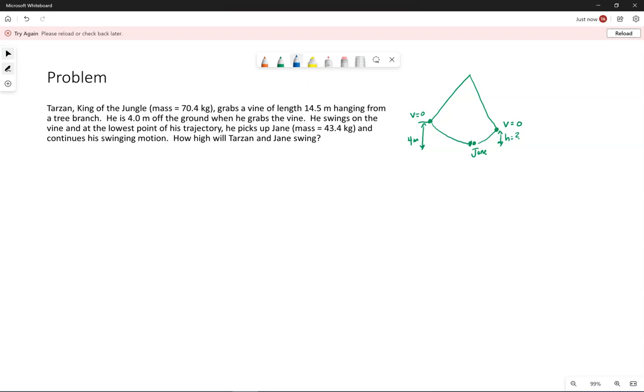So Tarzan initially has gravitational potential energy because of being at this height of 4 meters. We can say Tarzan and Jane together end up with a total potential energy of mgh, where we need the mass of both of them, and h is what we want.